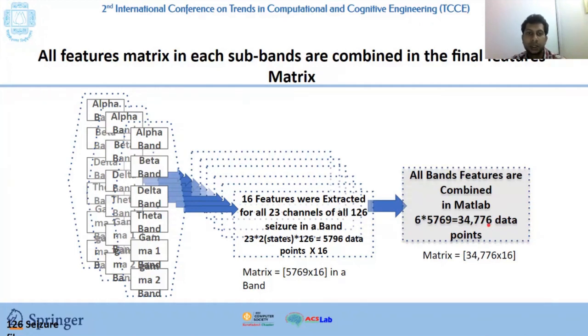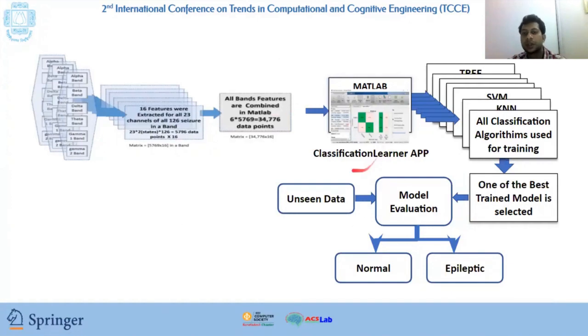34,776 data points. And these data points were further used in the Classifier Learner app, and here we have trained all those 21 classifiers, or you can say machine learning algorithms, like KNN, SVM, trees, etc. And after observing the comparative analysis results of all those 21 classifiers, we have chosen the best 8 classifiers, and after that we did the testing on the best models trained by the Classifier Learner app, and that model evaluation was done on unseen data.